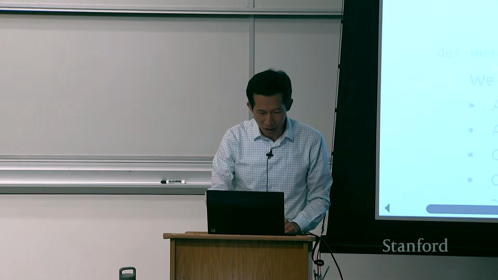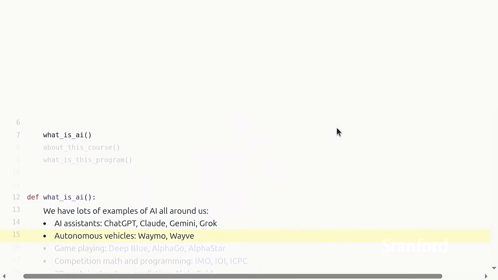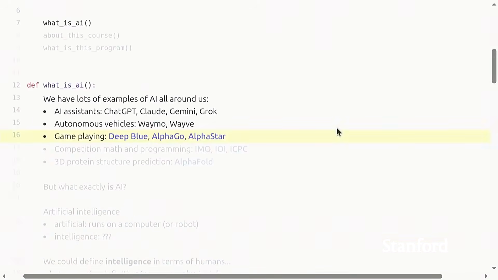Okay, so what I want to start with today is asking the question, what is AI? We're here to learn about AI, so what is it? By now, compared to 14 years ago, I hardly have to motivate why we care about AI. It's all around us with AI assistants that probably many of you use daily. Many of you probably have ridden in an autonomous vehicle.